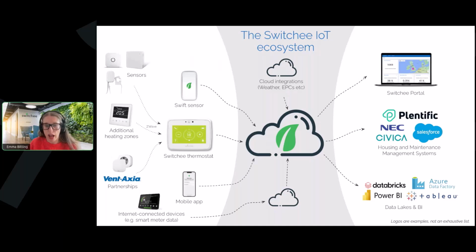There are a lot of housing systems that we can connect to, and that's connected via our open API, which means that if there's the ability to ingest API data, it can go into any housing management system that you require it to. But equally, we have a number of clients that are using other platforms such as Power BI and Tableau in order to surface it into existing reports, and quite often that is used as a stepping stone into integration into housing management systems.